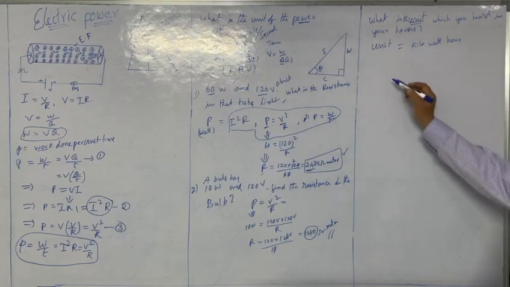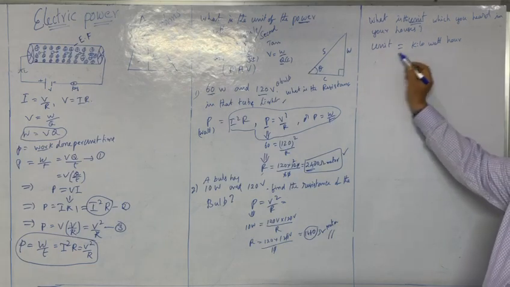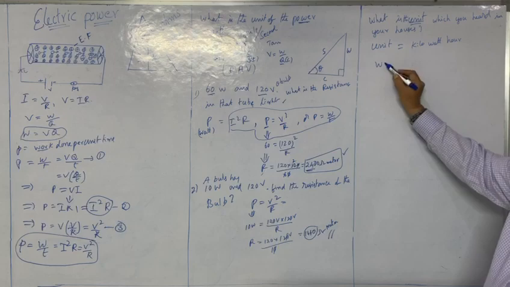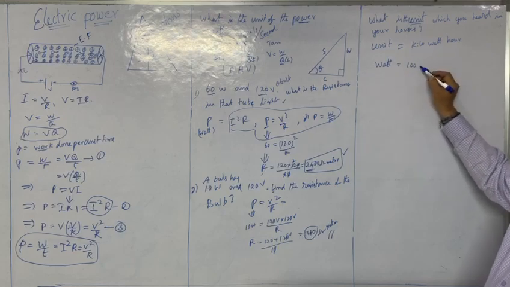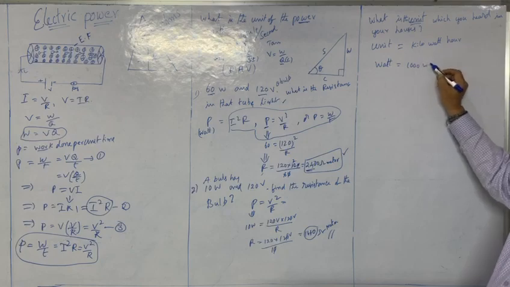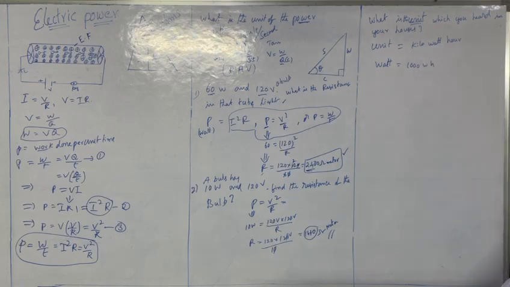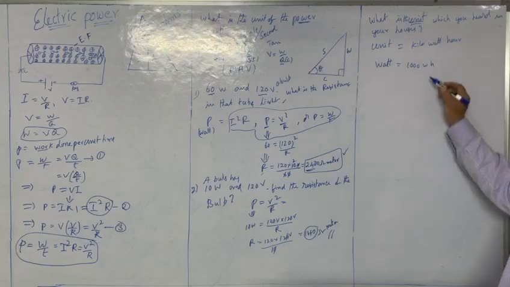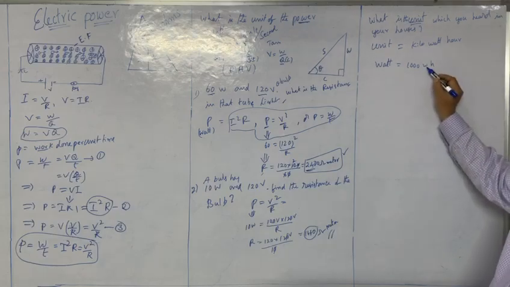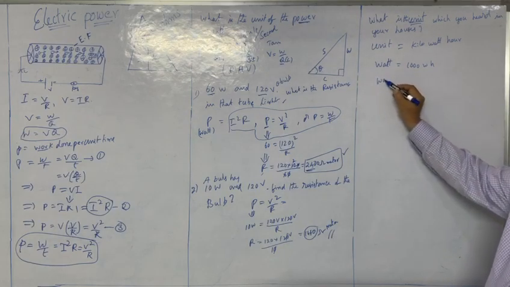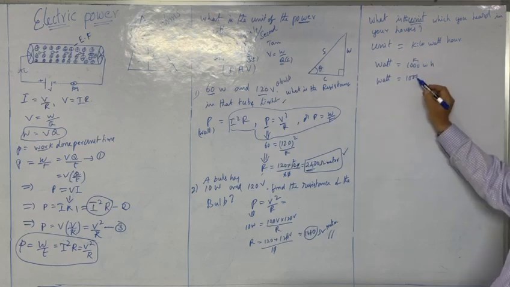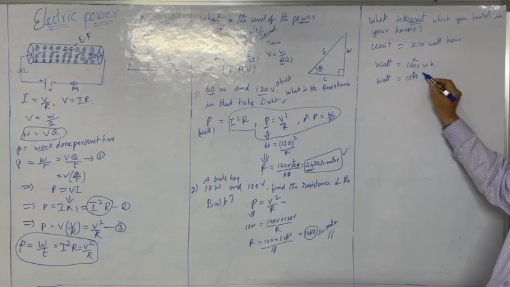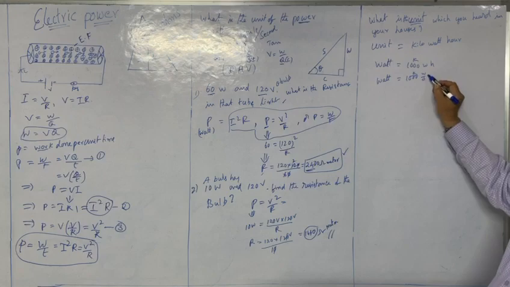Here watt is equal to what? Kilo means 1000, so 1000 watt hour. What is this? Then what is equal to 1000 joule per second.